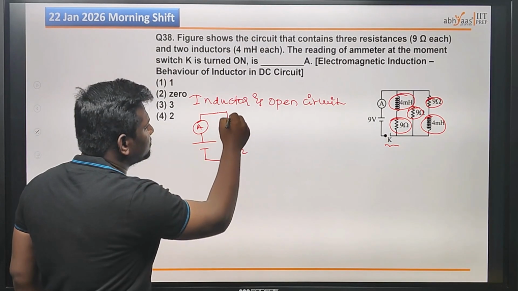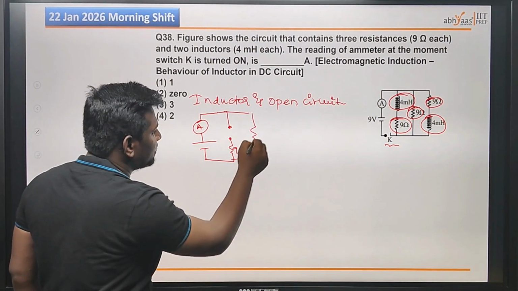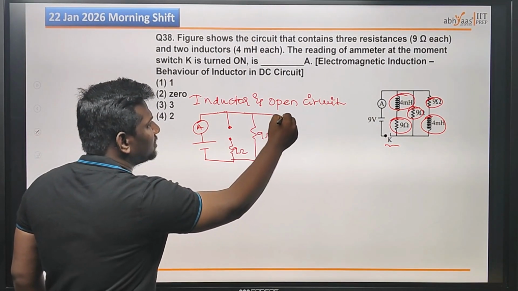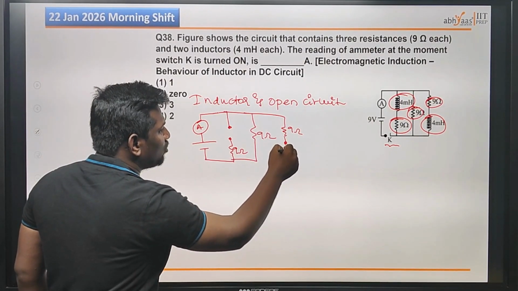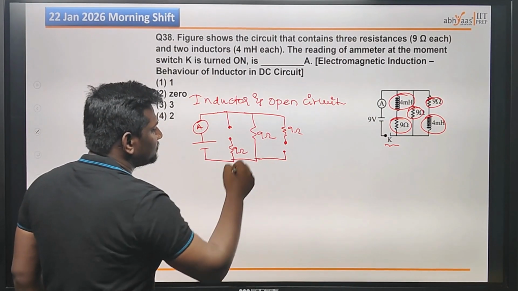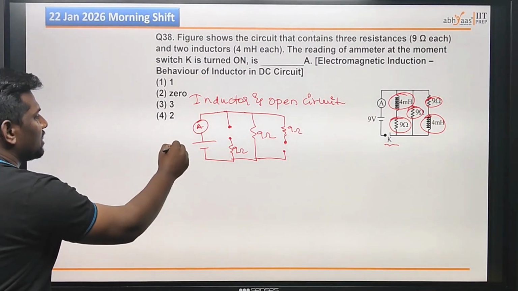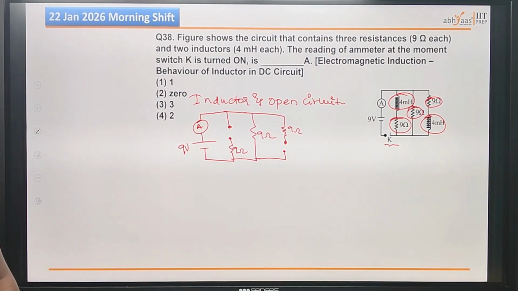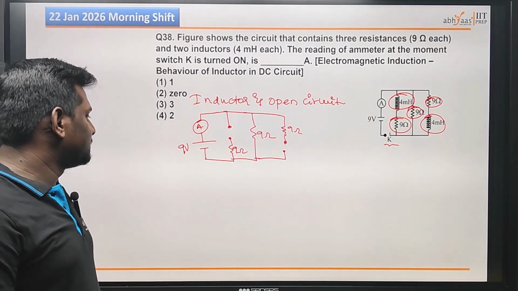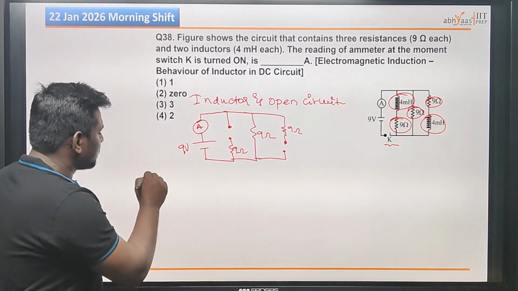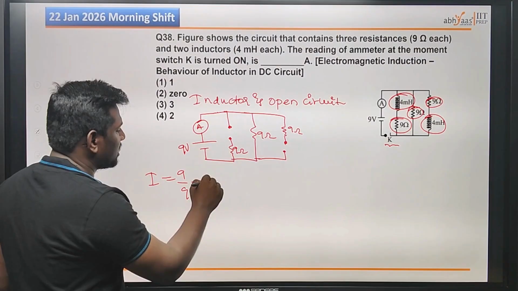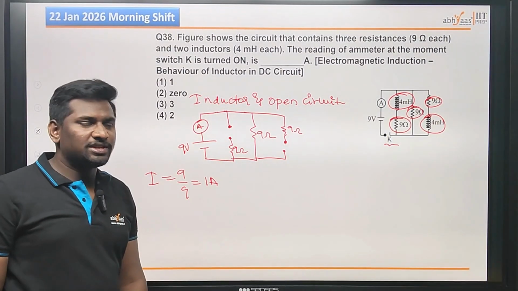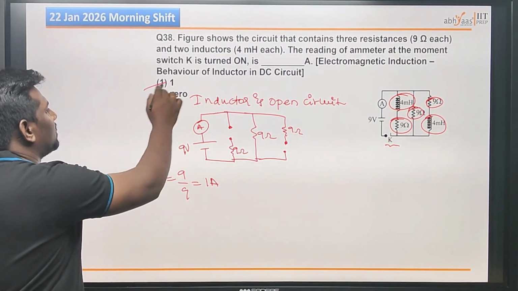This is 9 ohm and one more resistance is also 9 ohm, but it is open circuit. This is 9 volts. They are asking the reading of the ammeter. So ammeter I can be written as 9 by 9, you will get 1 ampere. Option 1 is the right answer.